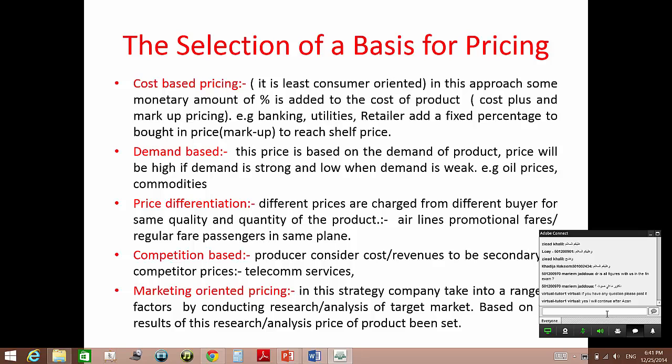For example, if the demand is high for any product, then most of the time the price will also increase with the increase of demand. So this is another relationship here. Okay, that means this is the same relationship, but from the other way around.